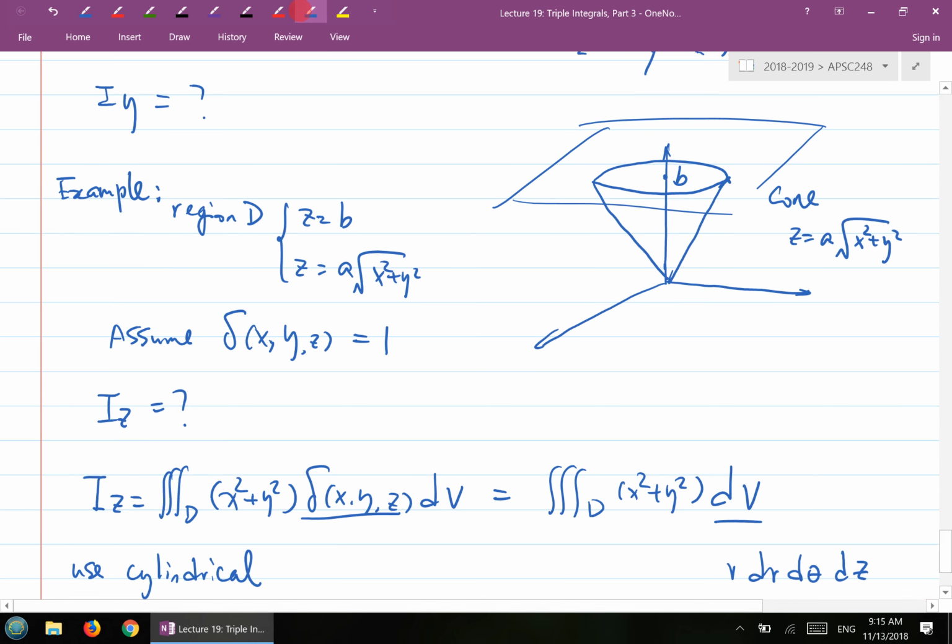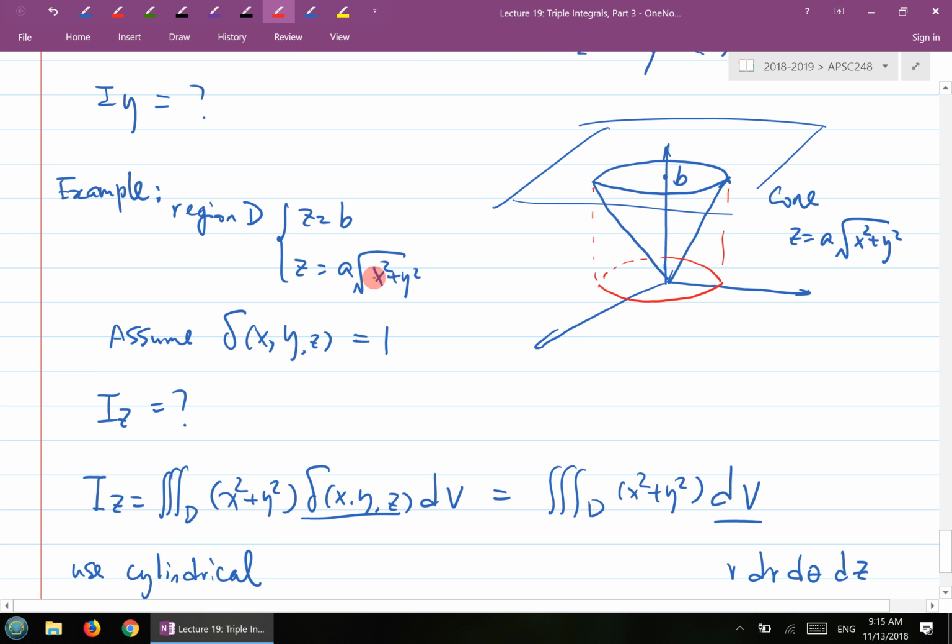Here is how we find the limits. If you recall how we found the limits for cylindrical, the first step is to draw the shadow of this region D in the XY plane and label the shadow, because you need a shadow to find r and theta. The shadow is the projection of the top surface into the XY plane. The top surface is the intersection between the plane z equals b and this cone.